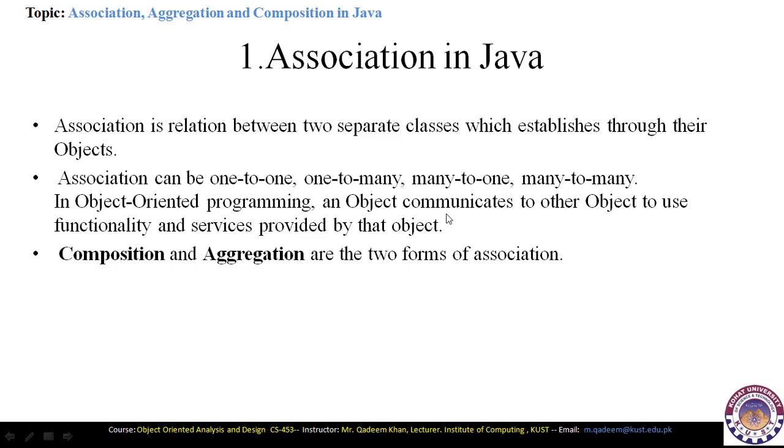In object-oriented programming languages like Java and C++ and other languages, an object communicates with other objects to use the functionality and services provided by that object.